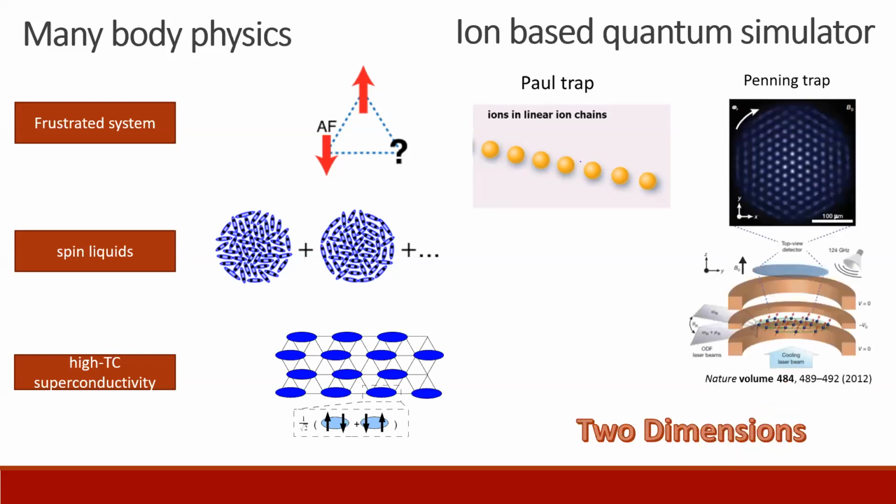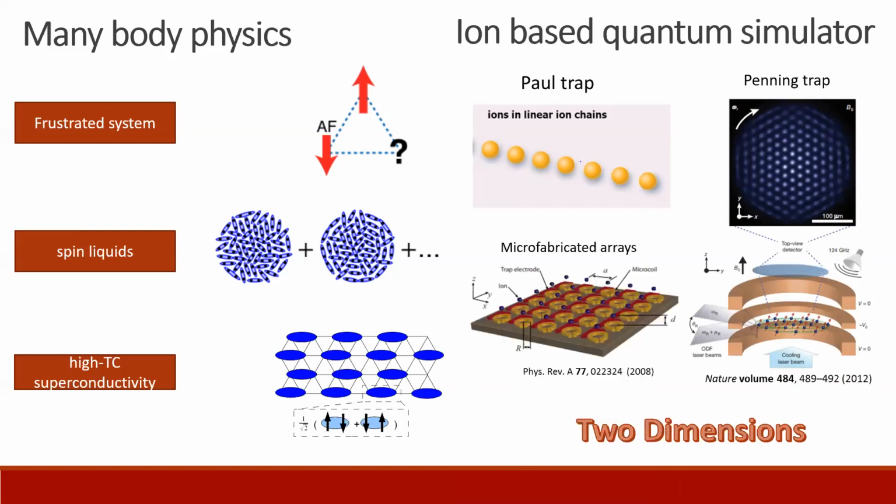Current efforts to build two-dimensional ion systems take two approaches: Penning traps or microfabricated arrays. However, ions in a Penning trap must deal with a permanent 10 to 100 kilohertz rotation, and dealing with crosstalk and coupling rates in microfabricated arrays is also an issue.